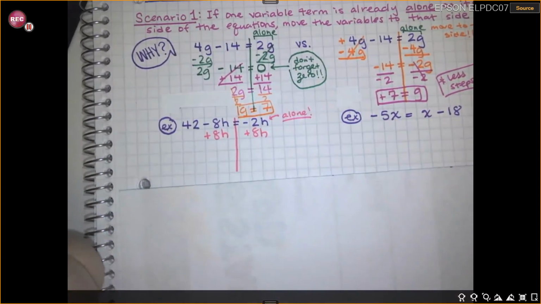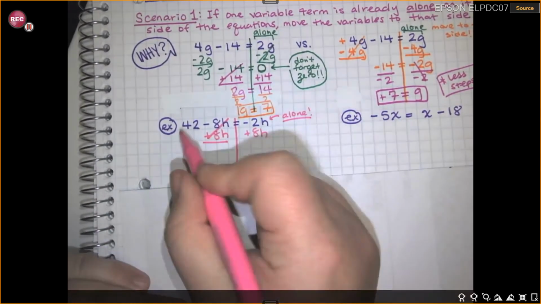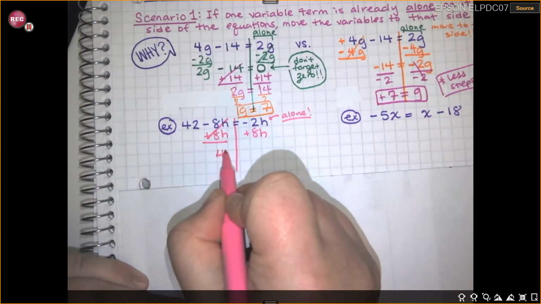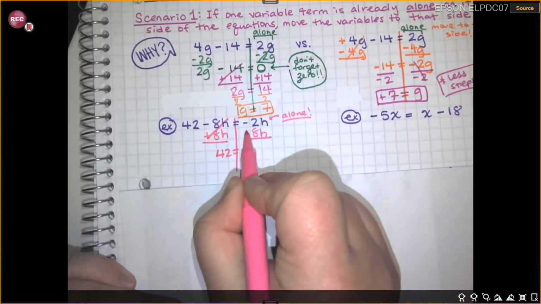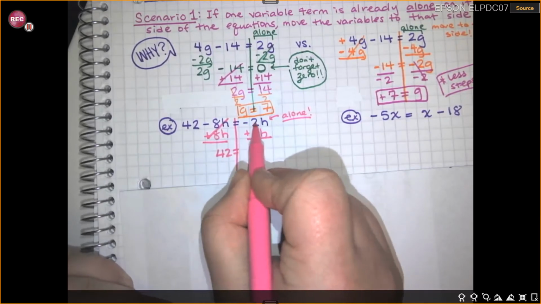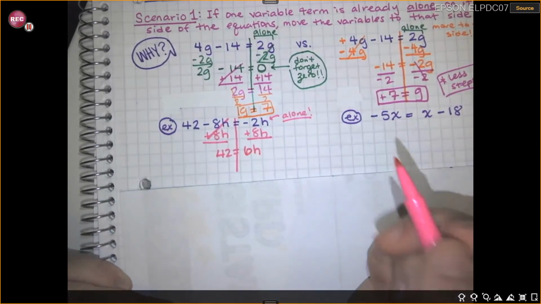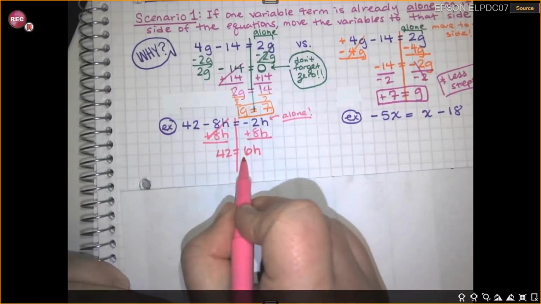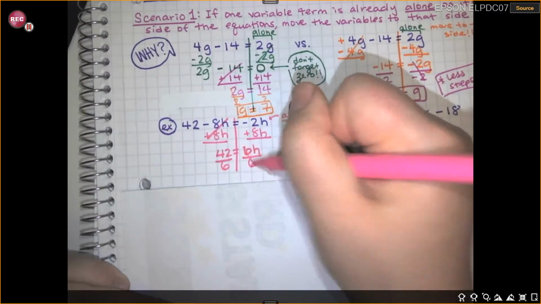You're like, oh, it's all alone. Well, let's give it some friends. Okay, that's gone. 8h gone. Now I just have 42 equals, and then negative 2h plus 8h. So negative 2 plus 8 is positive 6h. Now, 6 times h, to get h alone, divide both sides by 6. That goes away.